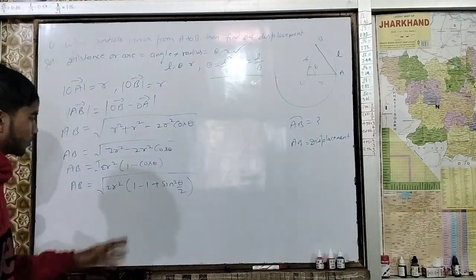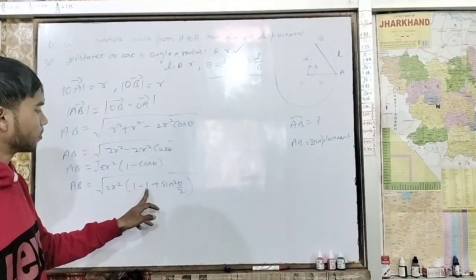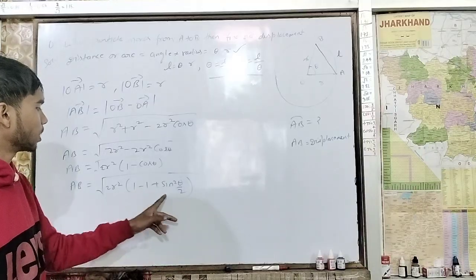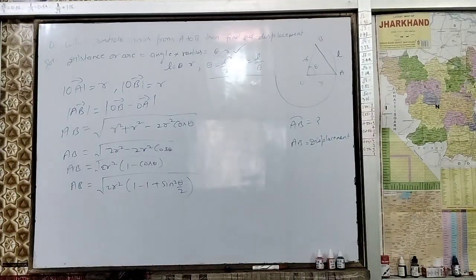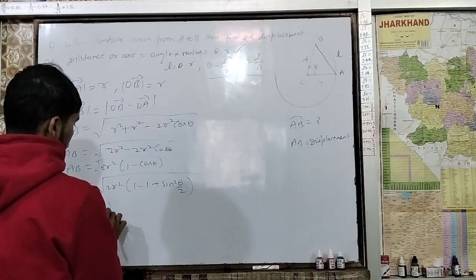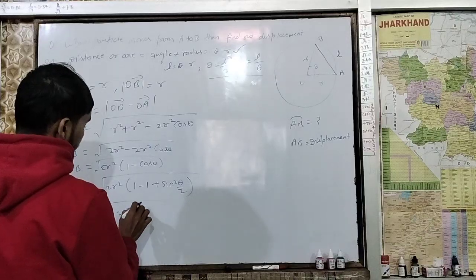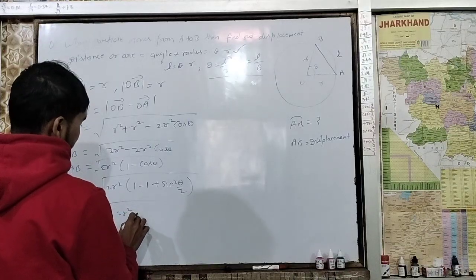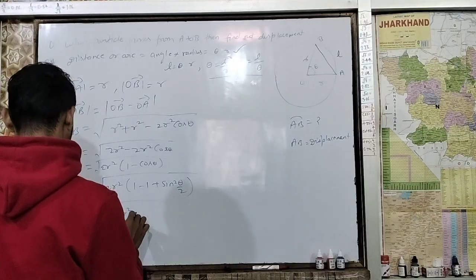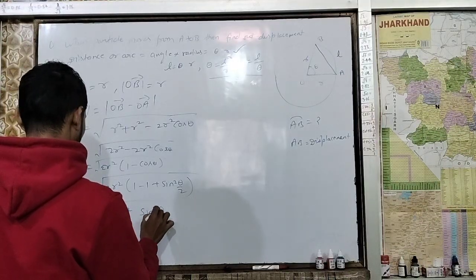You can see 1 minus 1 will cancel each other. We will get only 2R square into sin square theta by 2.